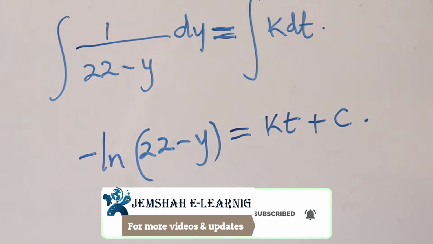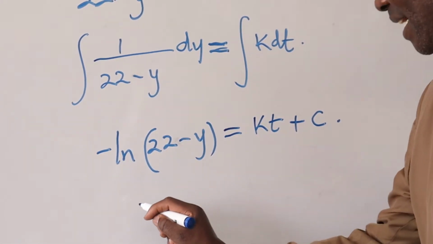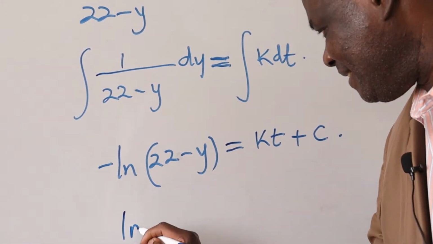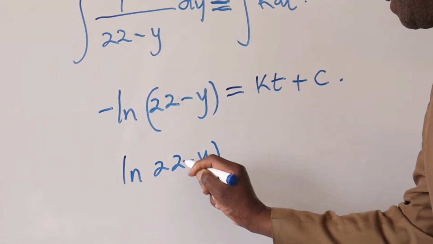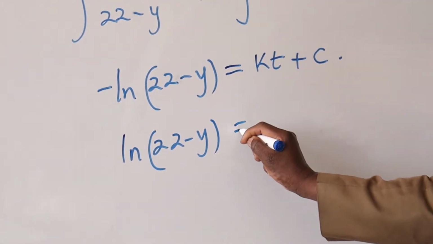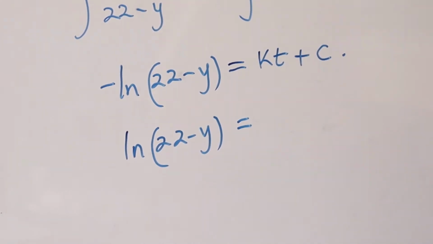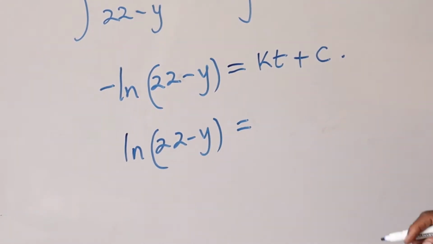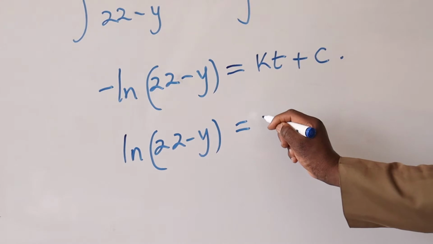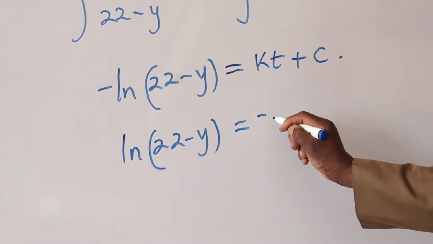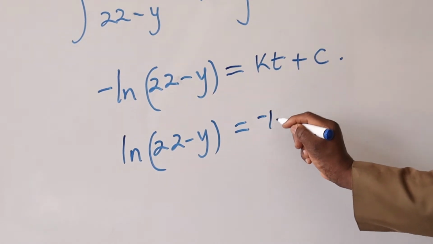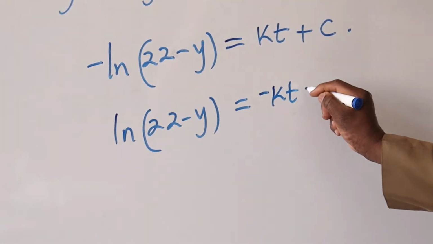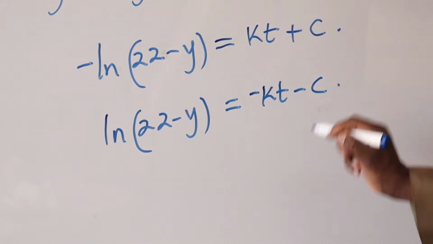So from this, ln of 22 minus y is equal to, we multiply both sides by a negative, so we get minus kt minus c.